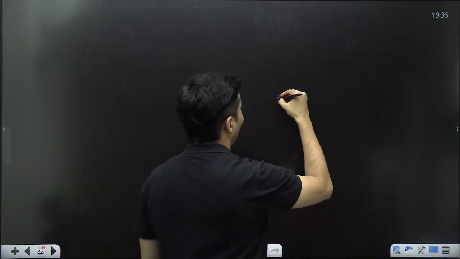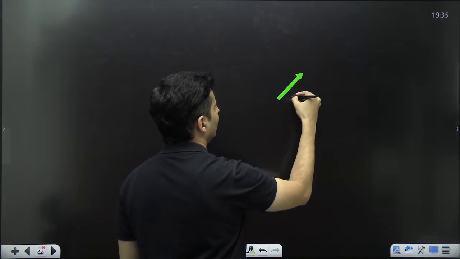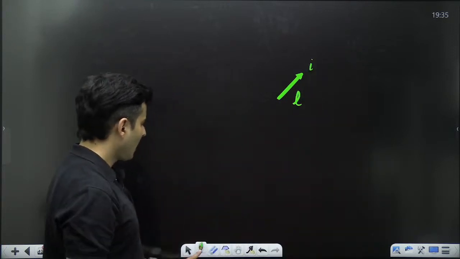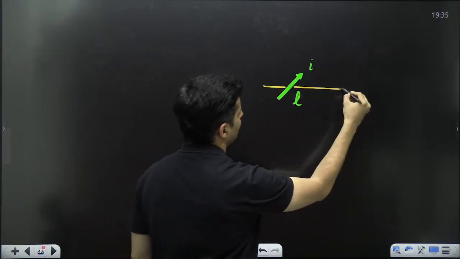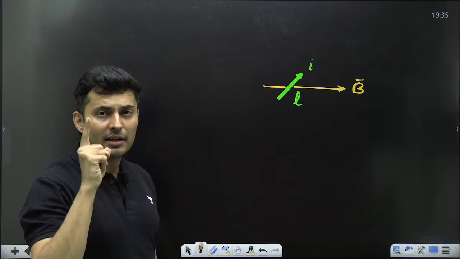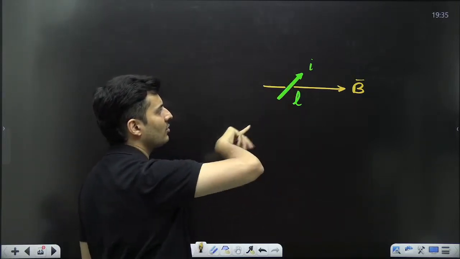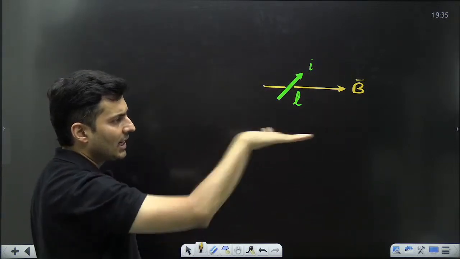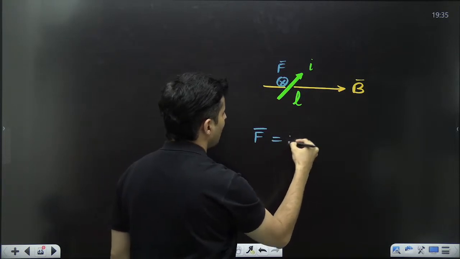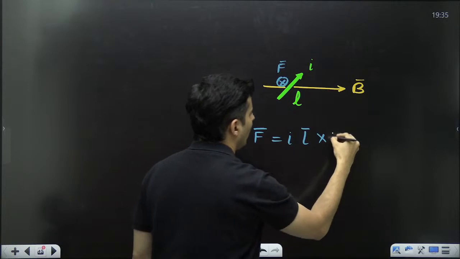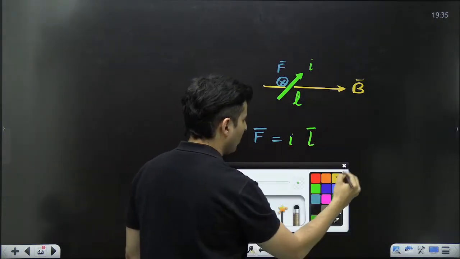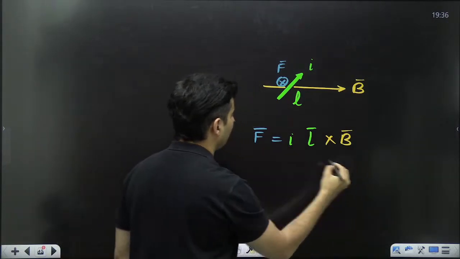If you have a wire of length L carrying current I, and the magnetic field is in this direction, then there will be a magnetic force given by I L cross B. The length, that is the direction of the current, is this way, cross B, which is to the right, so there will be a force like this, and this force is I L cross B. That's the magnitude and the direction of that force.